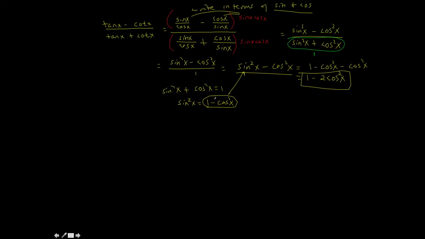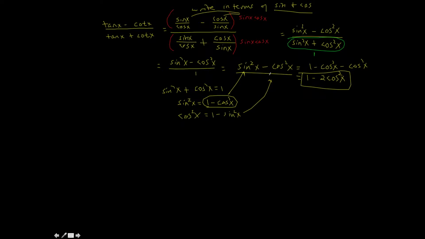Because look, I could have very easily solved this for cosine x, which is 1 minus sine squared. And I could have substituted that in right there for cosine x. And I could have gotten an answer in terms of sine squared.